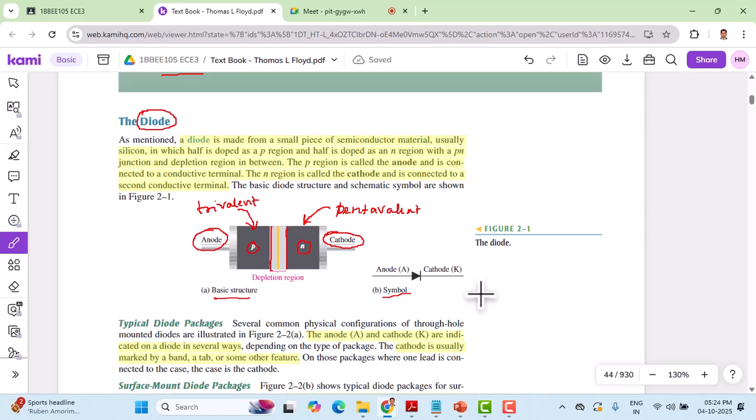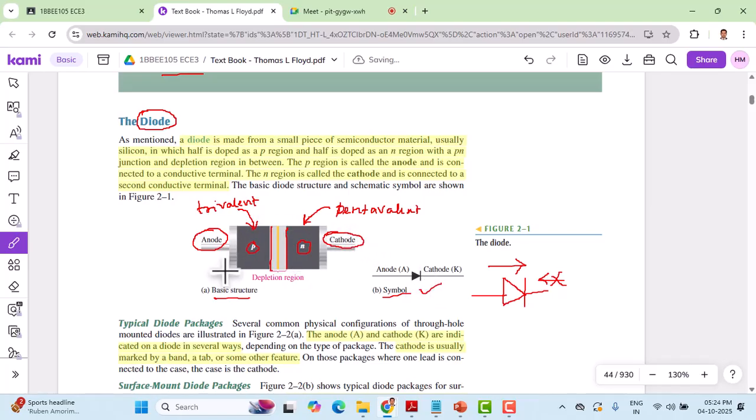The vertical line indicates current is not permitted in that direction. Current is only permitted in the forward direction; when you bias in the forward direction, only then is the current permitted. From cathode to anode, current is not allowed, and the current flows from anode to cathode. That is the standard symbol of a PN junction.